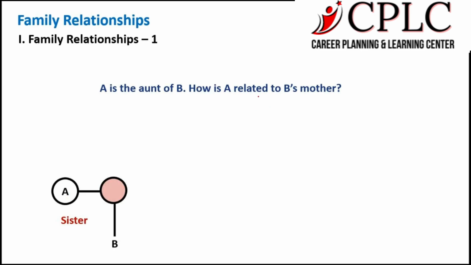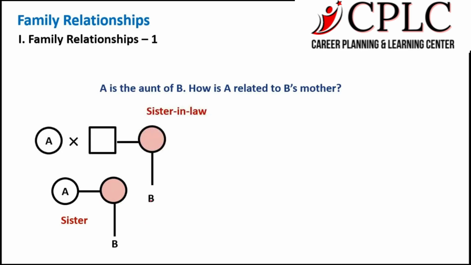And the question that they asked was how is A related to B's mother? You clearly see that A is related to B's mother as sister. But as I have told you earlier, there might be many more possibilities of this word, which is aunt. Let's see another one of them. So this is B. This is B's mom.